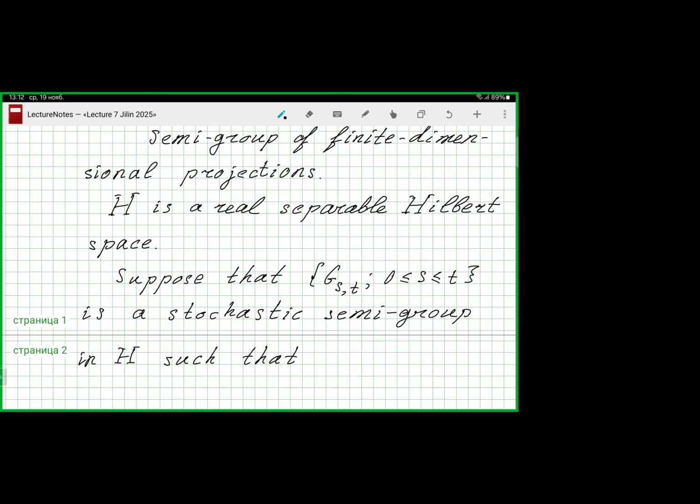I am supposing that J satisfies all the mentioned conditions. So we have the independence on the non-intersecting time intervals. We have equidistributions for the time intervals of the same length. We have the continuity at zero in probability or in square mean. And the important thing, we have the evolutionary property.